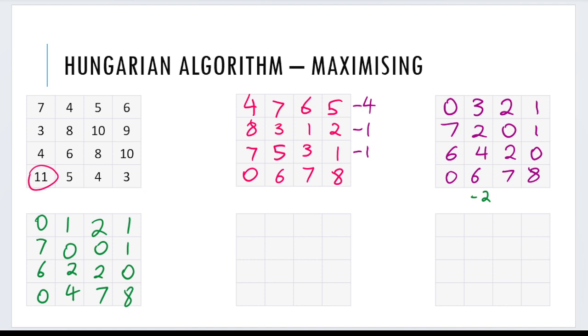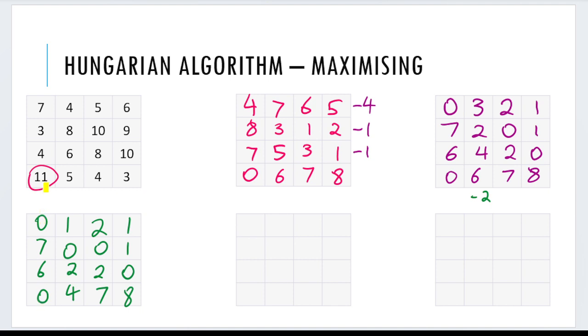Now, if you have a quick look at our matrix in the bottom left corner, if we were trying to allocate straight away, we can already see that person A and person D are only able to do Adelaide. So that means that we can't come up with a solution. To confirm that, we use step 3 of the Hungarian algorithm, which is to cover up the zeros with the minimum number of horizontal and vertical lines, to confirm that we have to move on and do something else.